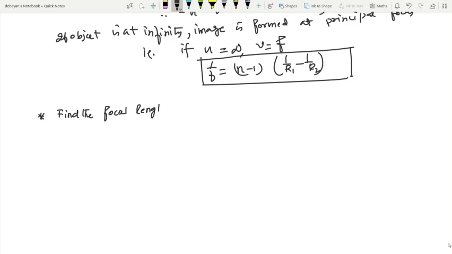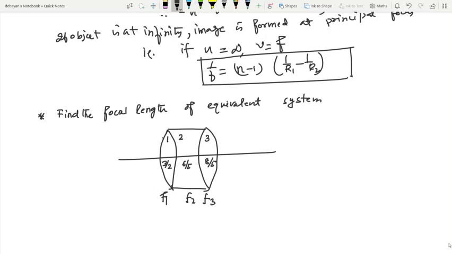And this is the focal length f1, this is focal length f2, and this is focal length f3, and the radii are given, that is 10 centimeter, and that is 20 centimeter. So you have to find the focal length of the lenses. What should be the equivalent focal length of the lenses?